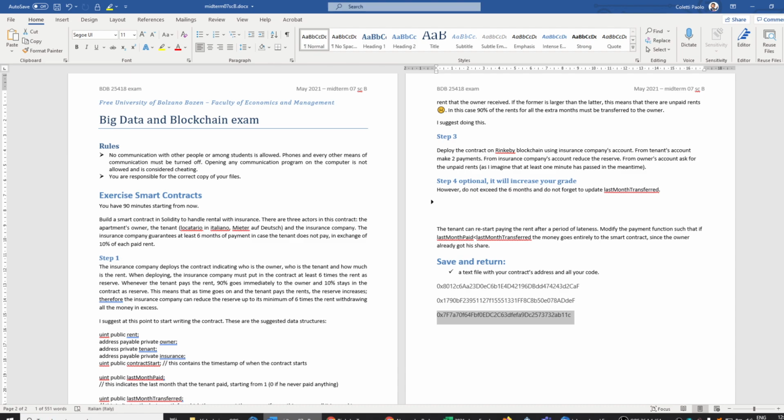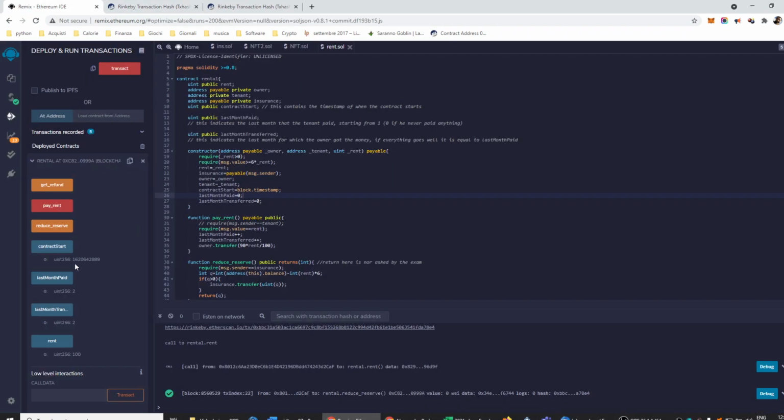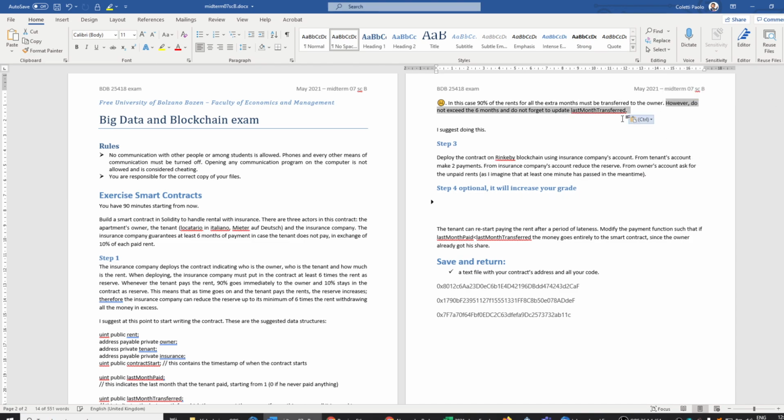Okay, and finally I have to do something else. Ask the unpaid rents from... In the meantime, several seconds have passed, so there are a lot of unpaid rents. Let's see. Where is it? Sorry, I cannot put these things here. Have to put it here, because otherwise, when you test this thing, it may be that too much time has passed.